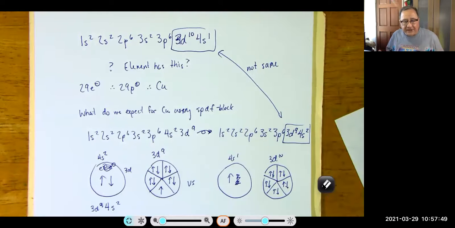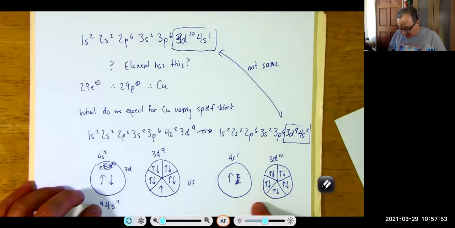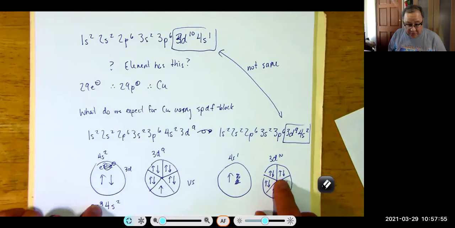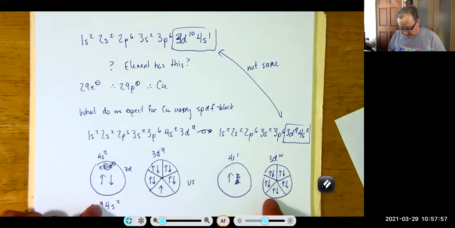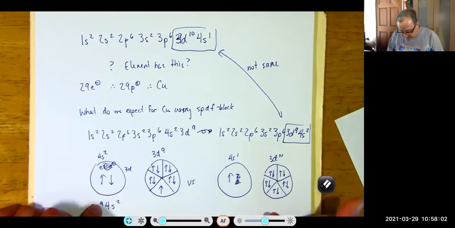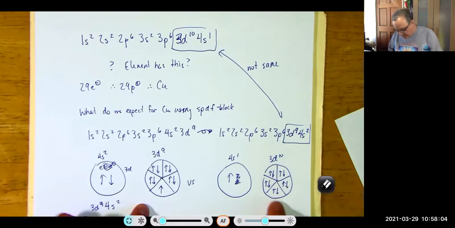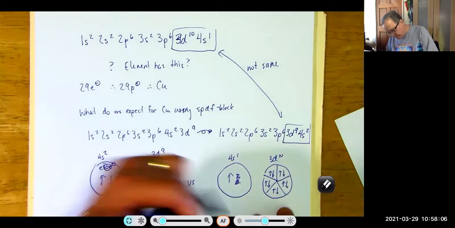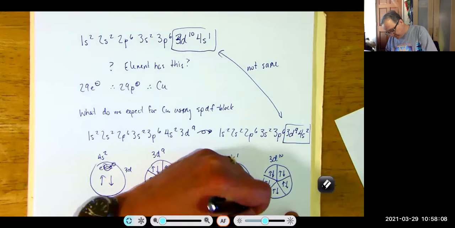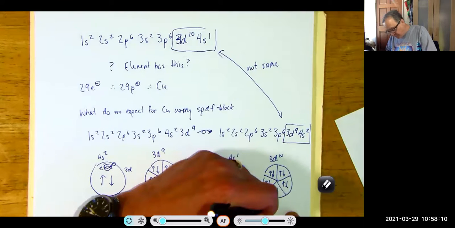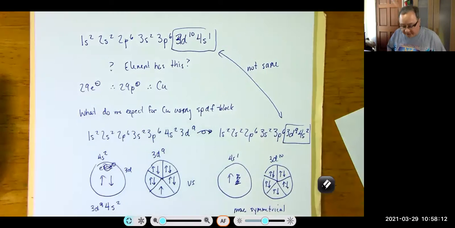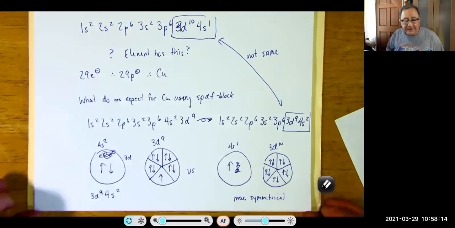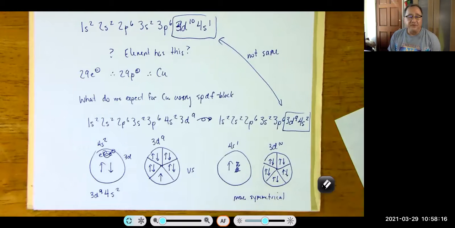So the two reasons why this is better is because a 3d electron is more stable than a 4s, correct? Yeah. But also, this arrangement is more symmetrical. And because it is more symmetrical, the electrons repel each other a little less, and it's better. So that's why.